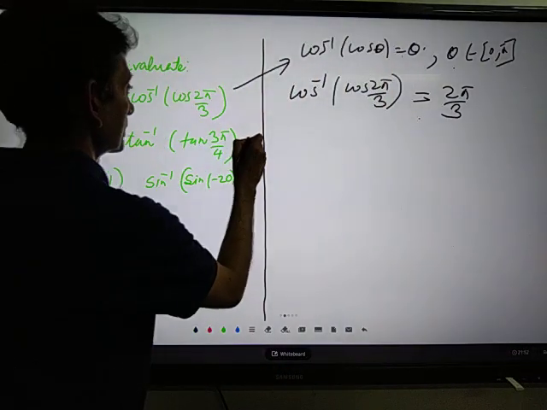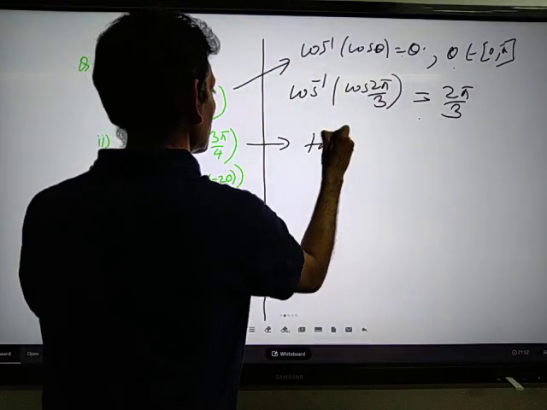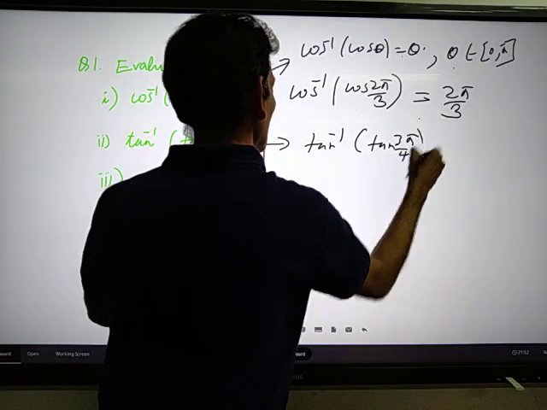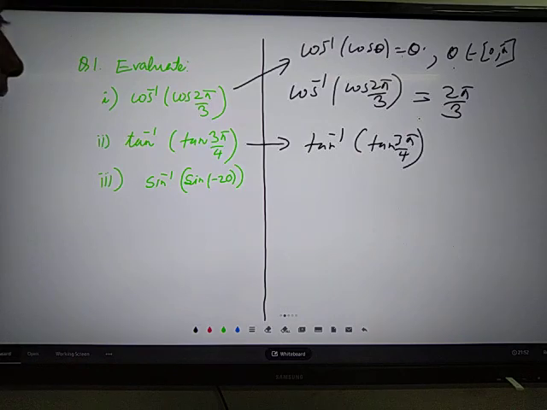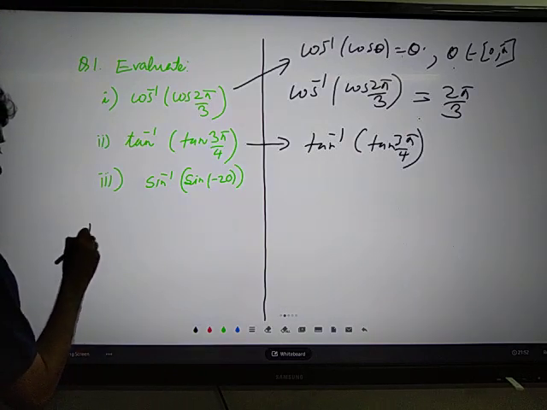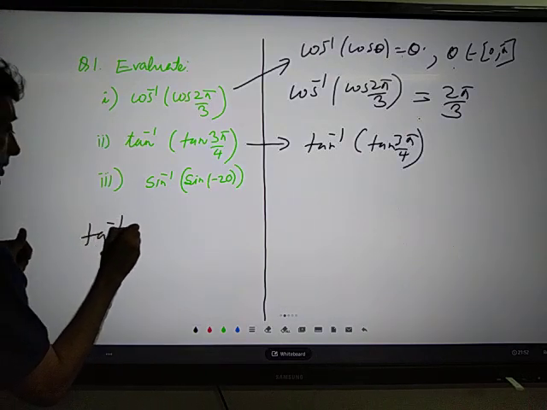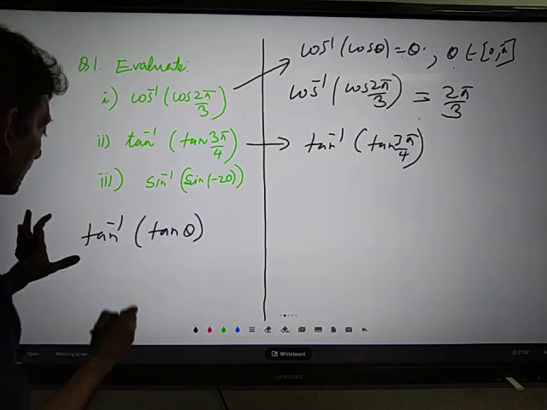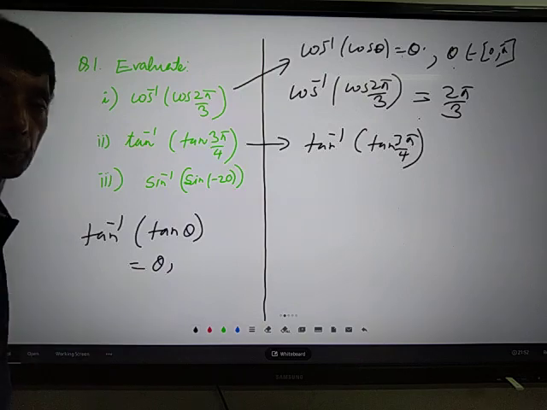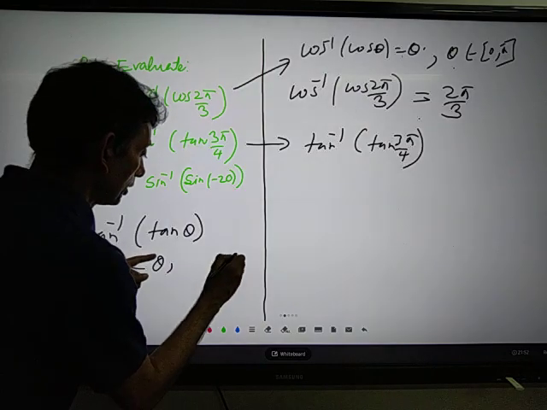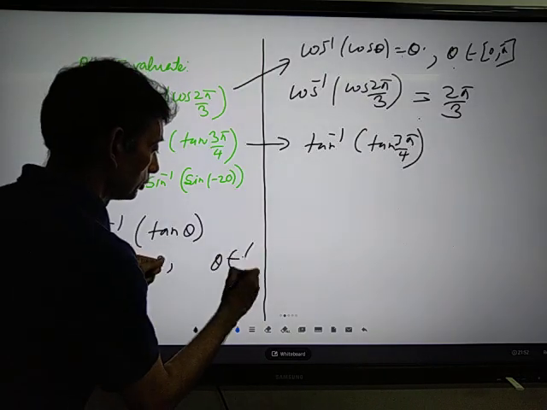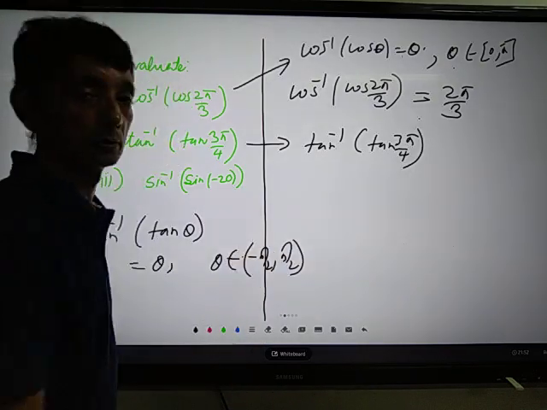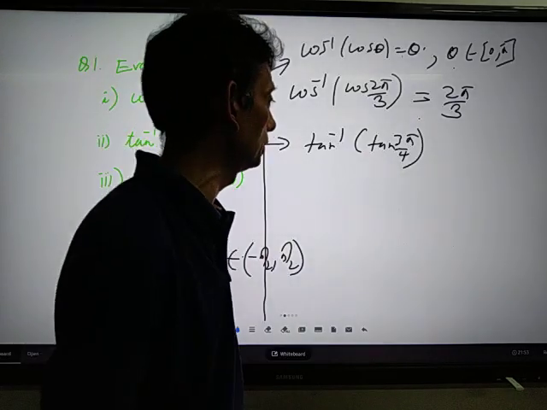Now let's see tan inverse tan 3 pi by 4. For that you should know the property of tan inverse tan theta. Tan inverse tan theta is equal to theta, provided theta belongs to minus pi by 2 to pi by 2.